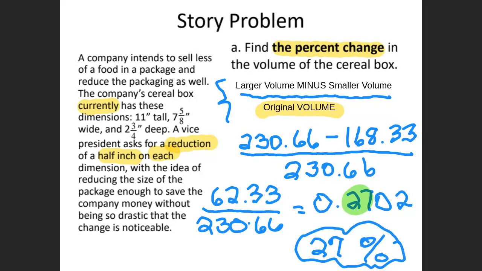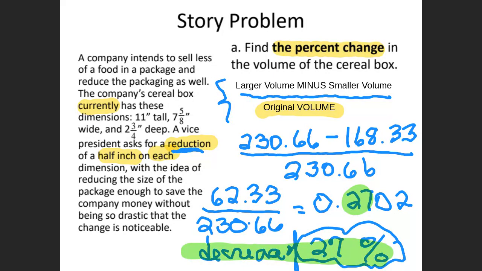Okay? But remember, we reduced. So don't forget, this is a decrease of 27%. That is your answer. Decrease.